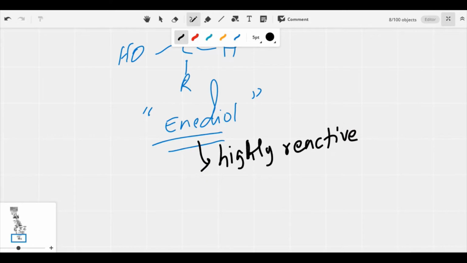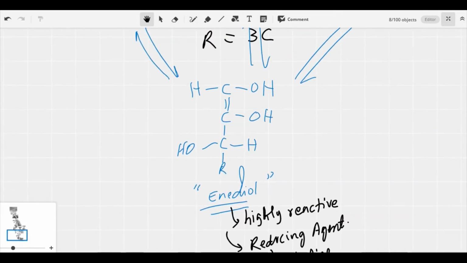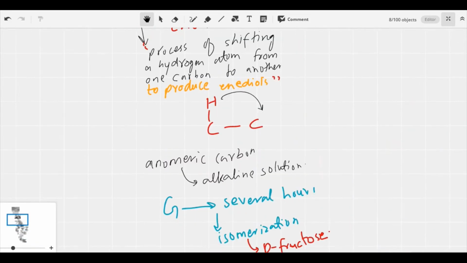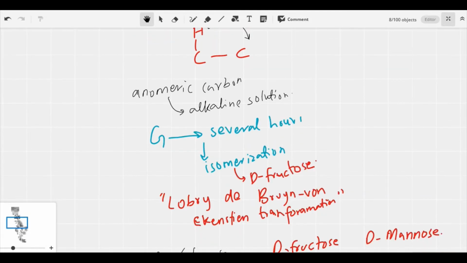Hence sugars in alkaline solutions are powerful reducing agents. So that is our first chemical property of the monosaccharide, and that process is known as tautomerization or enolization.